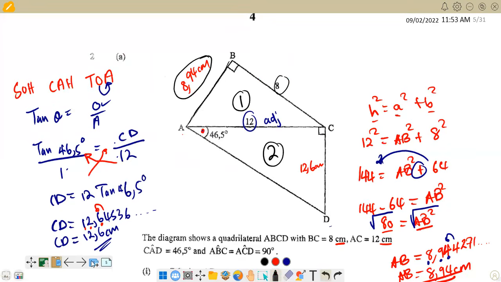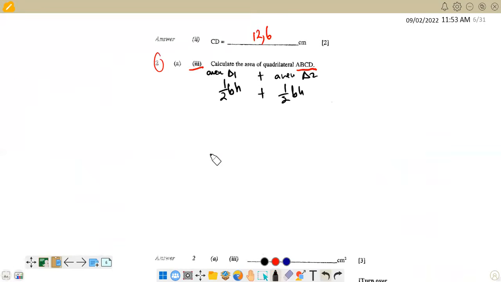So you've got 8,9, the one that you got in your first equation, times 8. So we're going to have half of our base, we just indicate any of those two, so half times 8,94 times the height, which is now our 8. That's our first area, plus we move on to the second diagram.